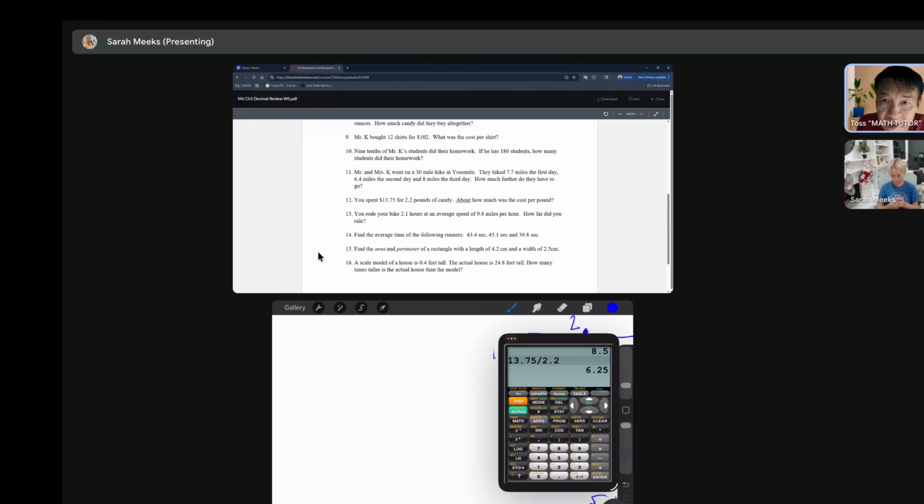Okay, 14. Find the average time of the following runners. You got three different times. Okay, what did you do? I added all of them together and then I divided them by 3. Good. That's the average concept, right? Add the numbers and divide by the number of numbers.